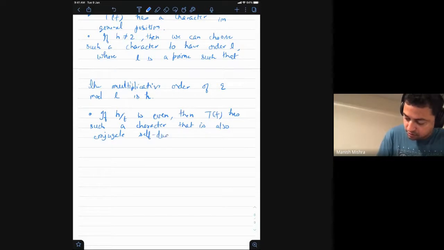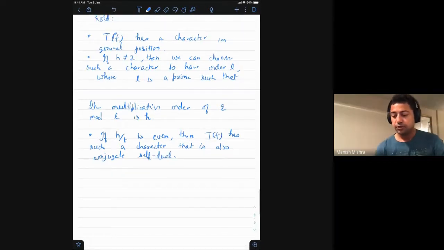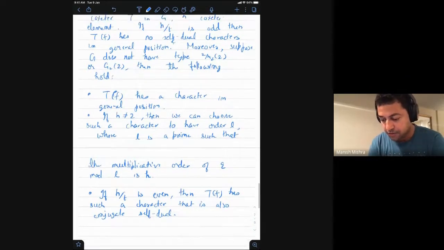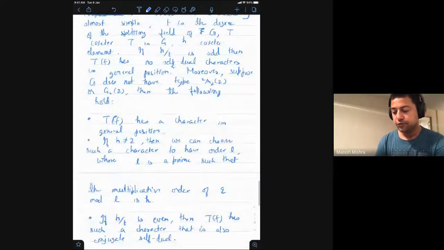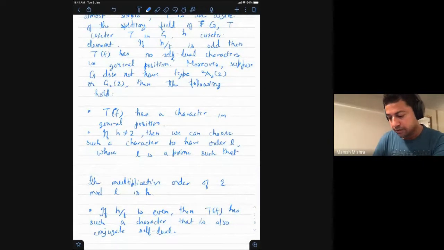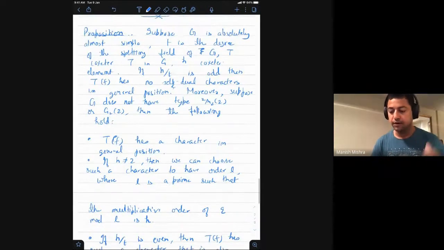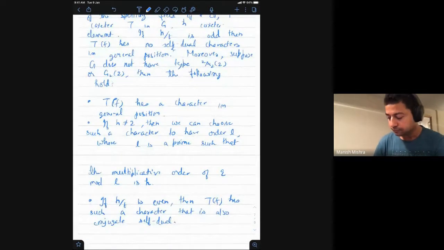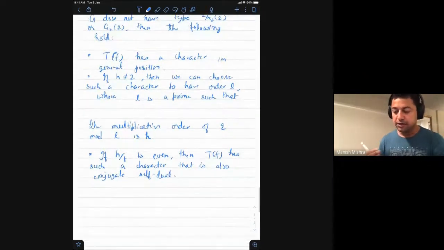Okay, so you're choosing a Coxeter torus, so it comes equipped with this Coxeter number, the Coxeter element, and T is the splitting field of the group G itself. And from H mod T parity, we can say whether TF will admit conjugate self-dual characters or not. If H mod T is odd, then the torus will not admit a conjugate self-dual character.